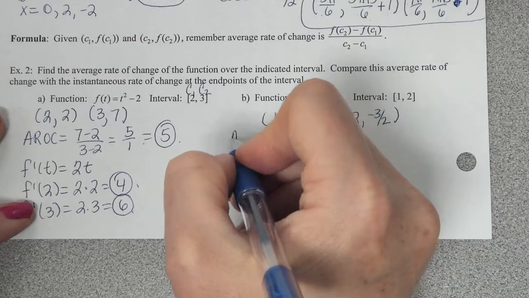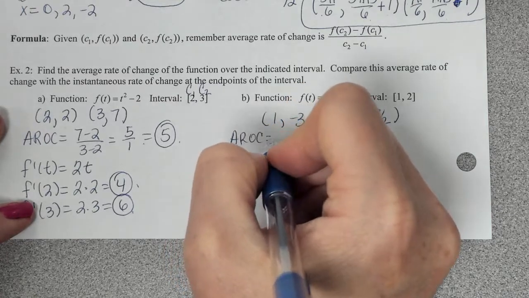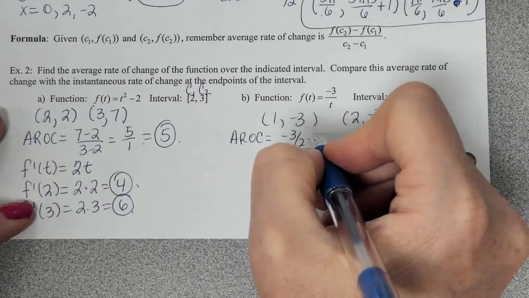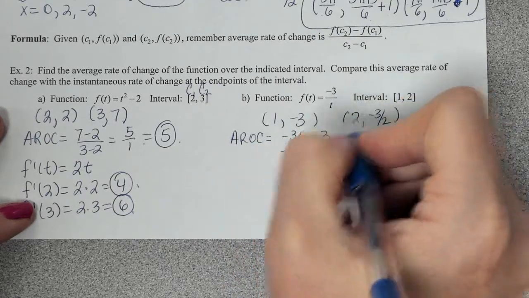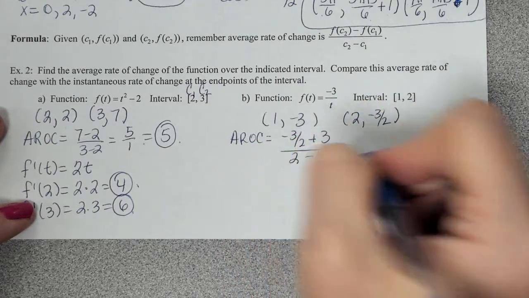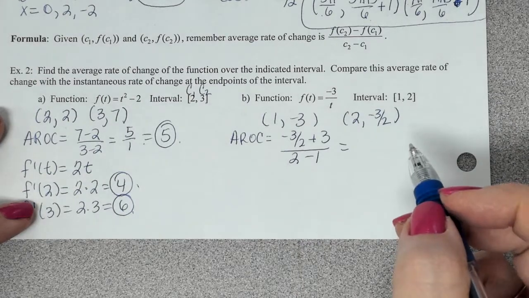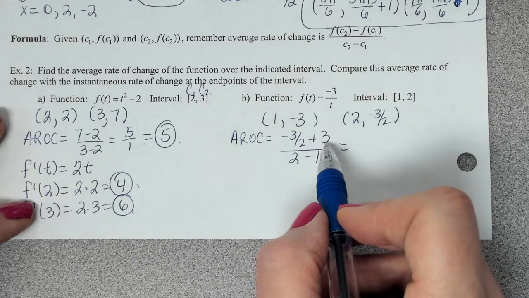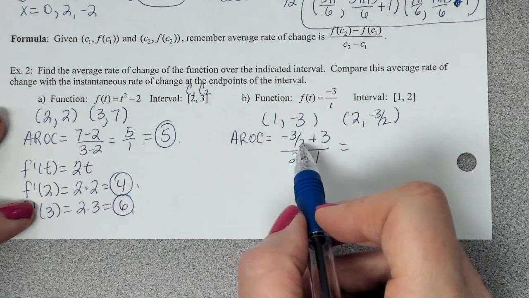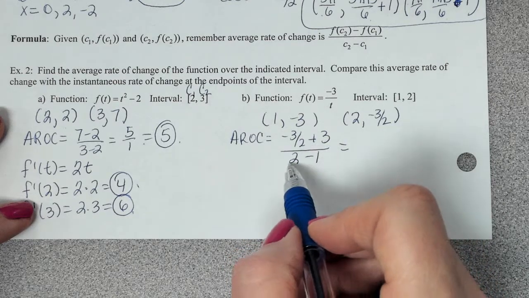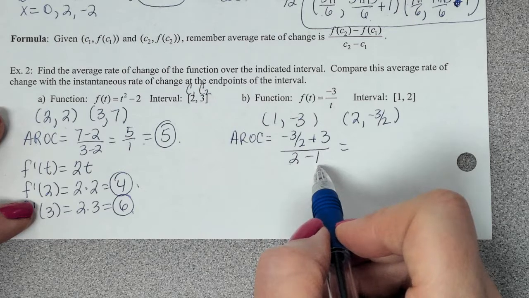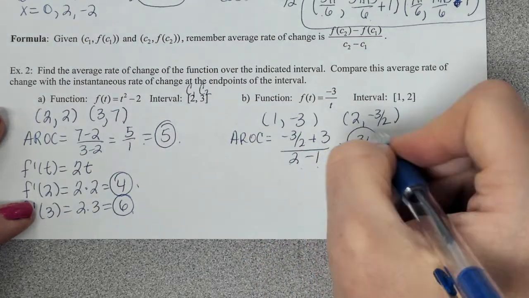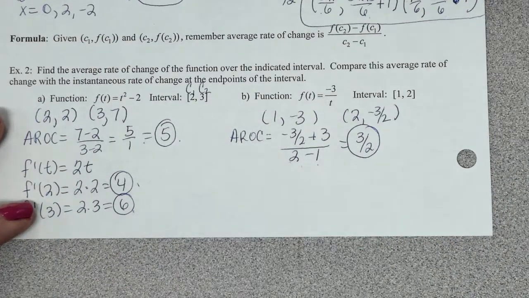So to find our average rate of change, we're going to have to do negative 3 halves minus negative 3 over 2 minus 1. Well, this is just 3 minus 1.5, basically. It's 3 minus 1.5. That's 1.5. 2 minus 1, that's 1. So I'm going to have 1.5 over 1, so that's just 3 halves. That's our average rate of change.